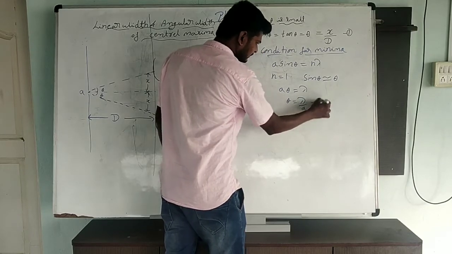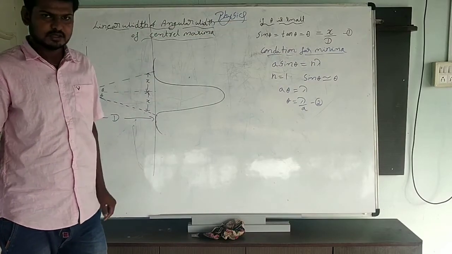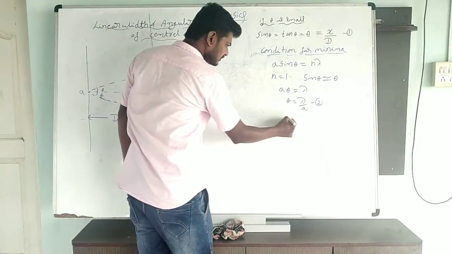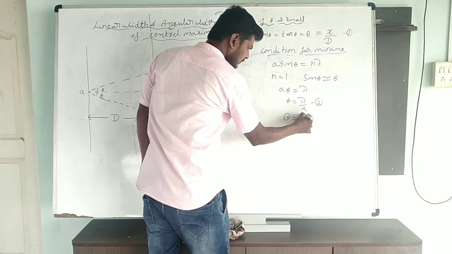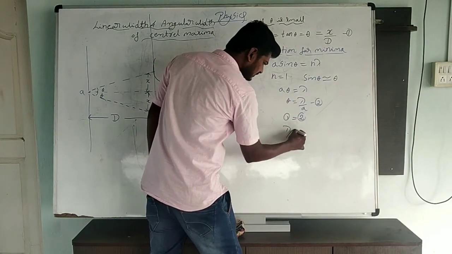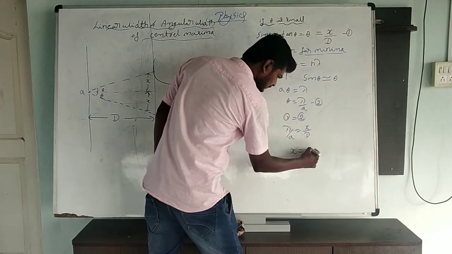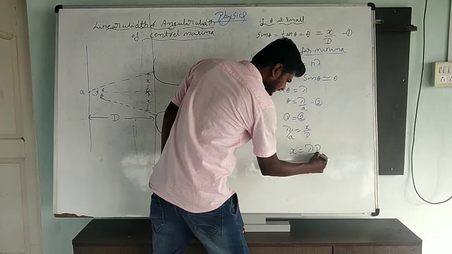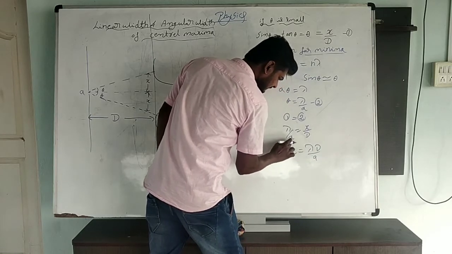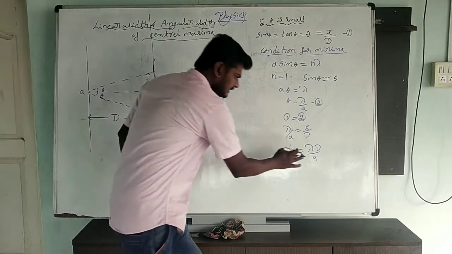This is equation 2. In equation 1, theta is x by D, and here theta is lambda by a. Equating equations 1 and 2, lambda by a equals x by D. So x equals lambda D divided by a.